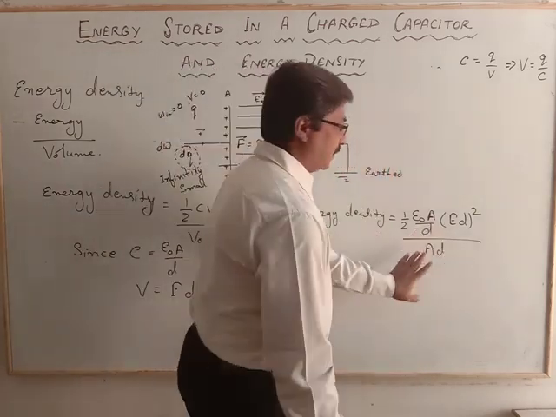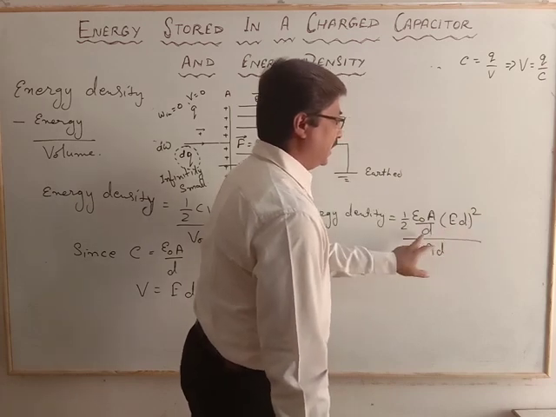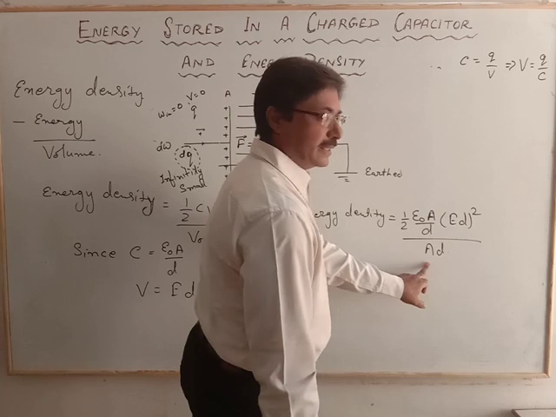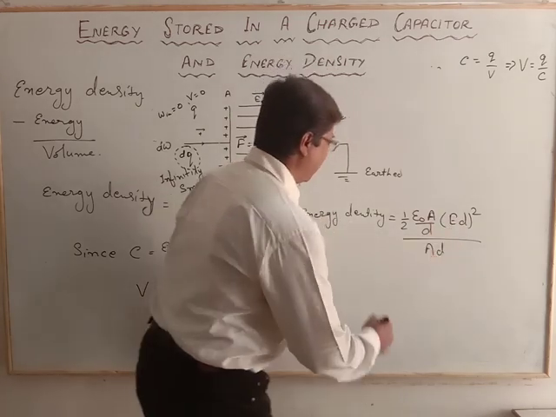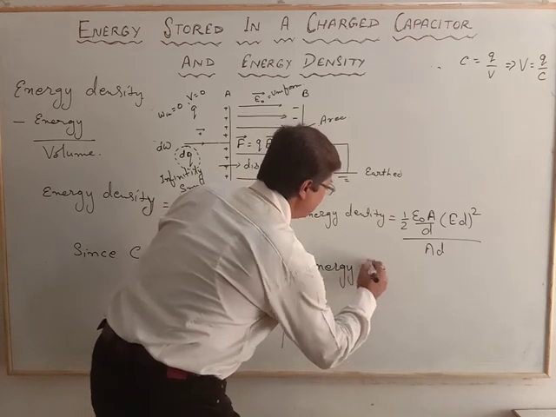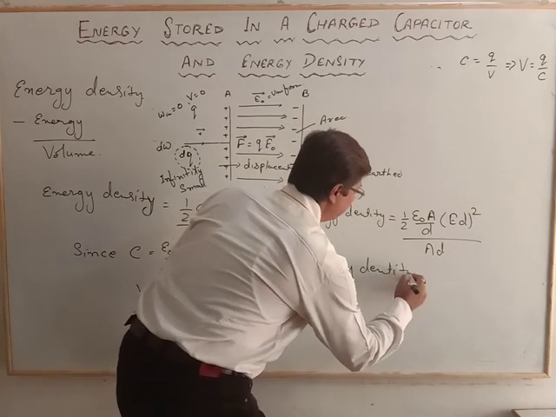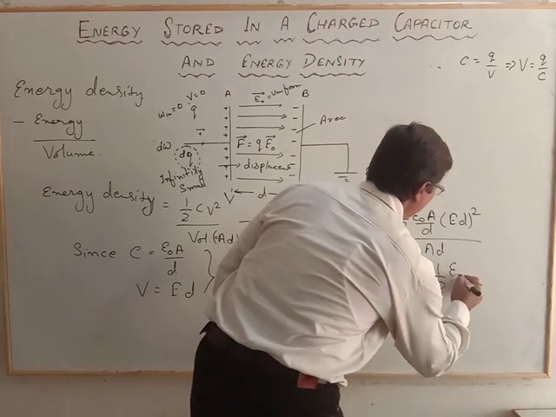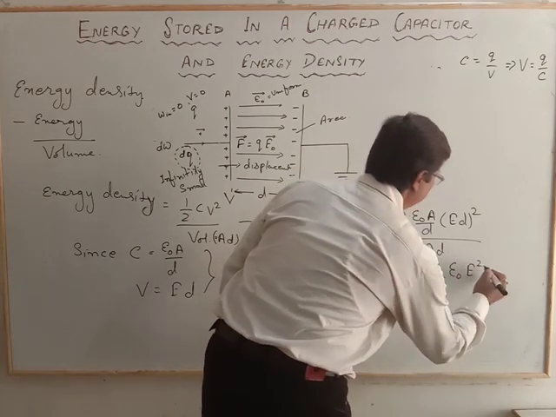Now if we see this, d square and d cancel out, again d is cancelled out, area and area are cancelled out. We have only the relation: energy density is equal to half epsilon naught E square.